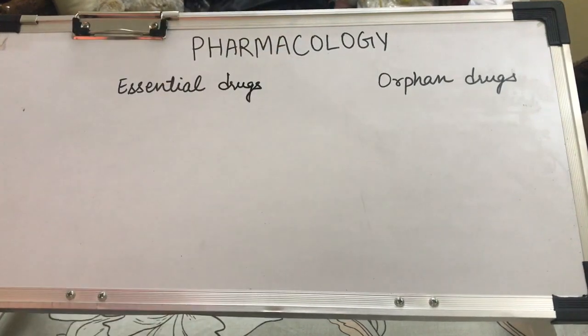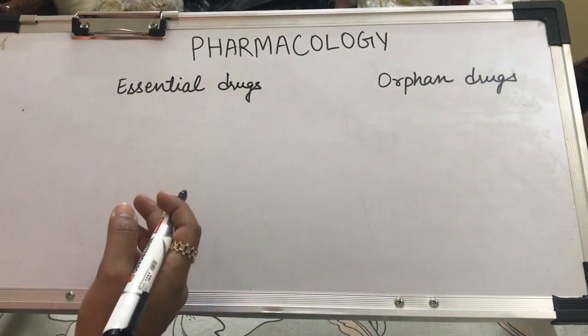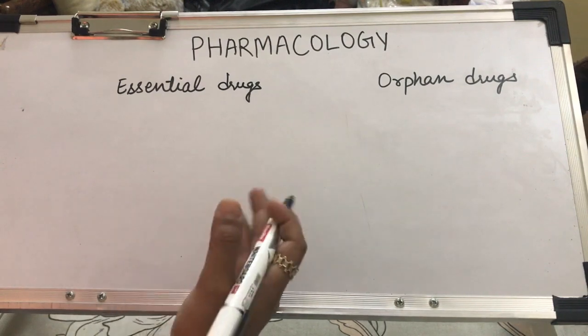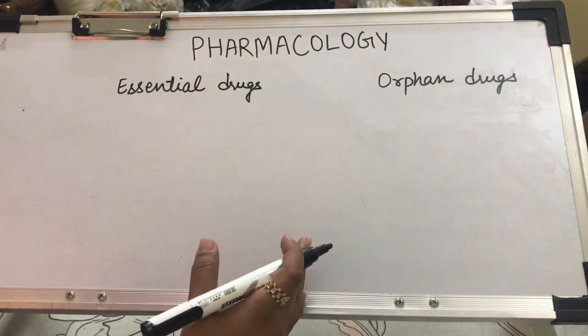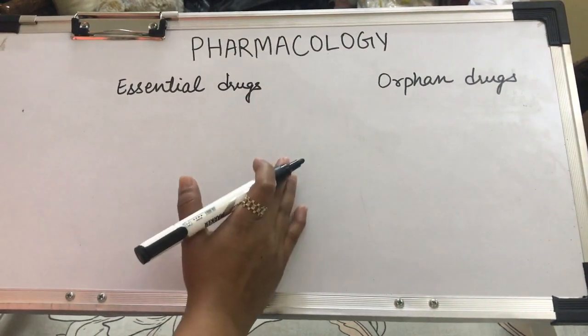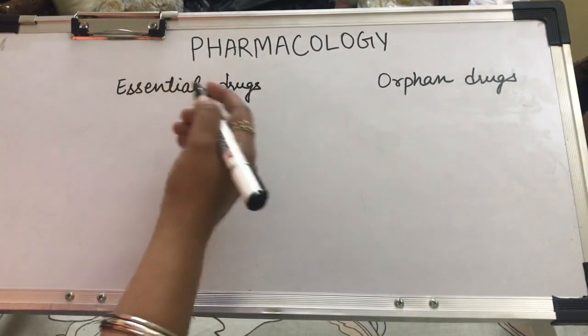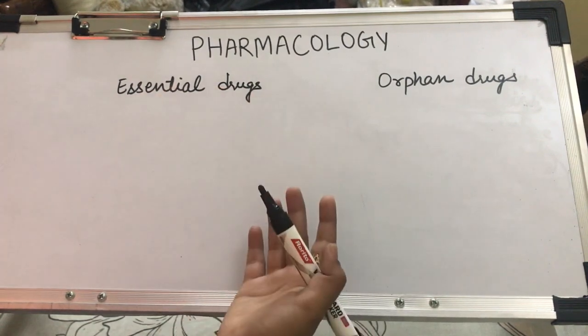Now, what is the concept of essential drugs? These are defined by the WHO as those that satisfy the priority healthcare needs of the population. In simple words, these are essential, so they should be available to the general population easily.